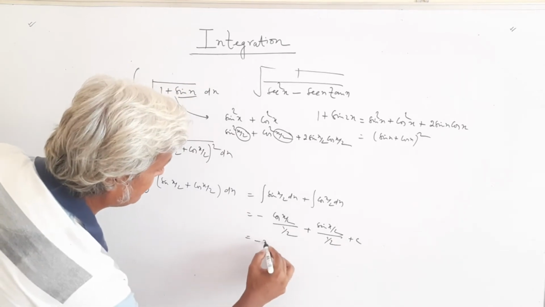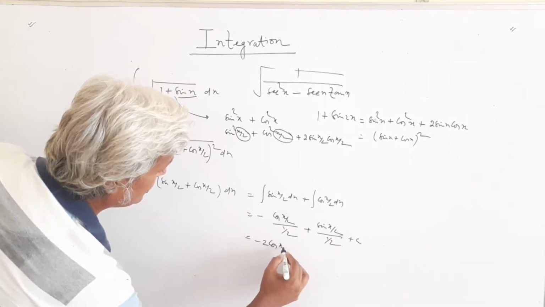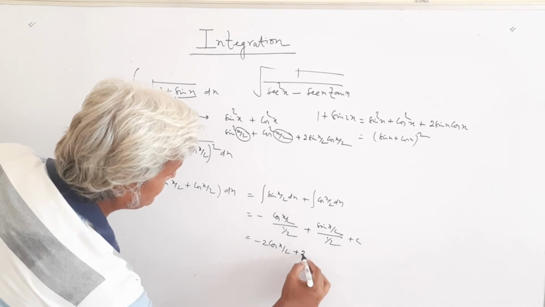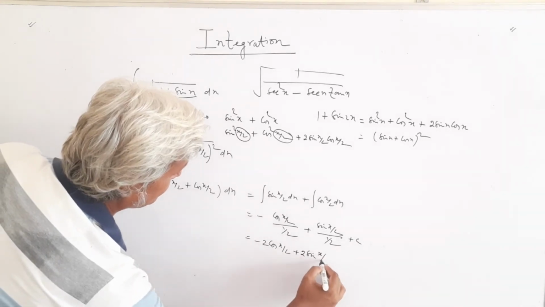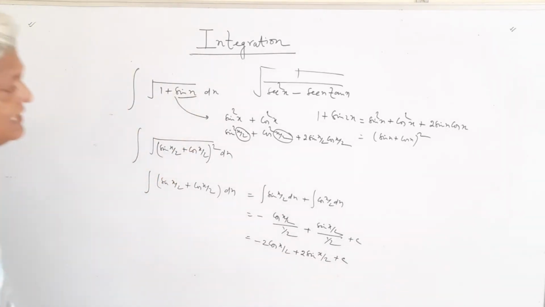So this will become minus 2 cos x by 2 plus 2 sine x by 2 plus c. This is how this particular form can be solved.